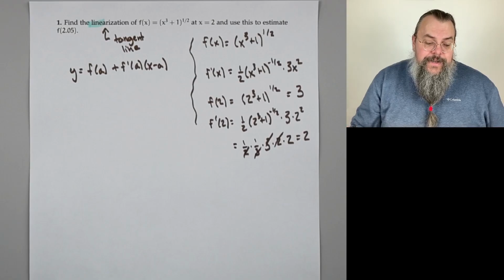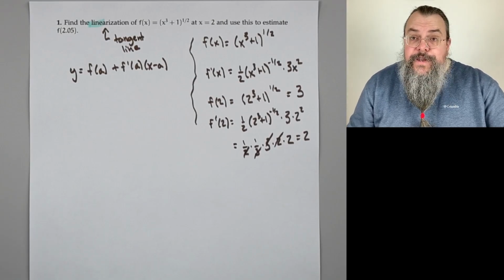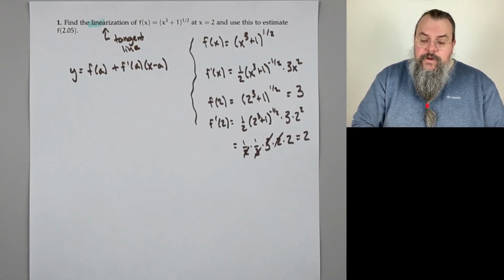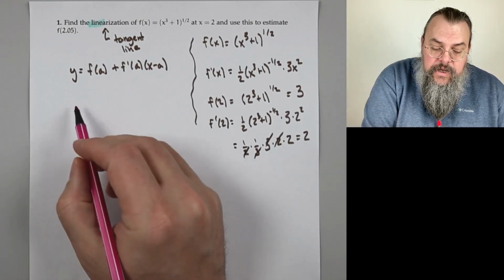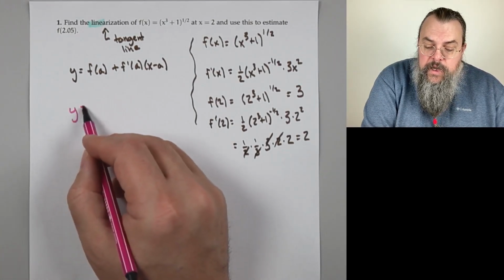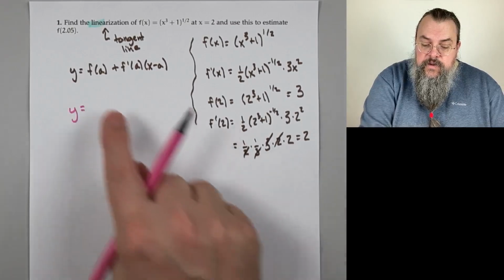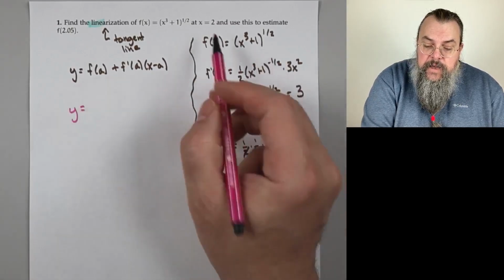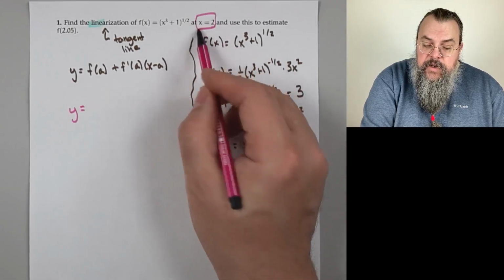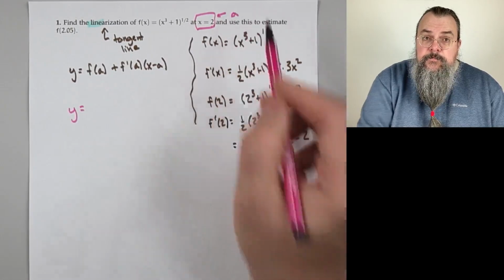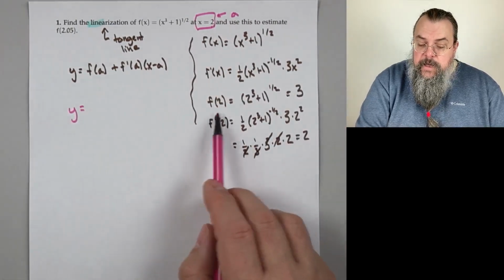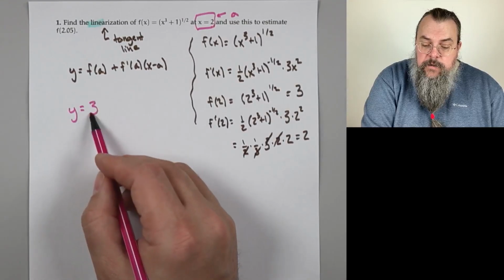All right, now we plug stuff in, right? So our tangent line, y, looks like what? Well, it's f of a. Now this is our a. So f at a is 3.